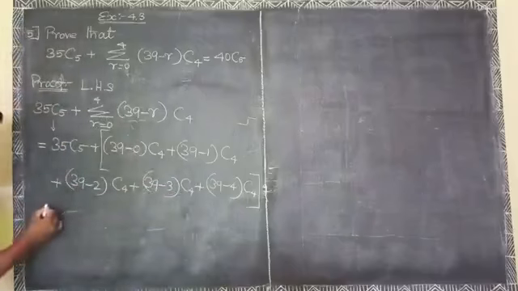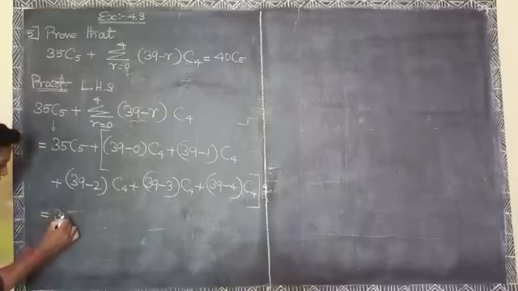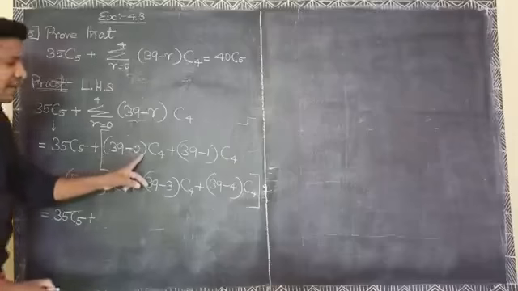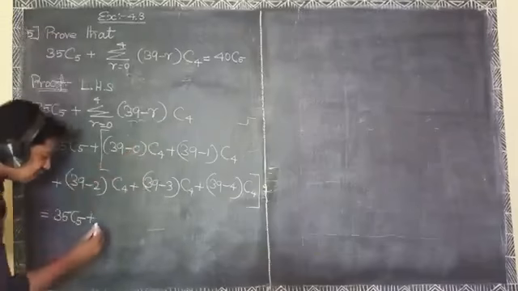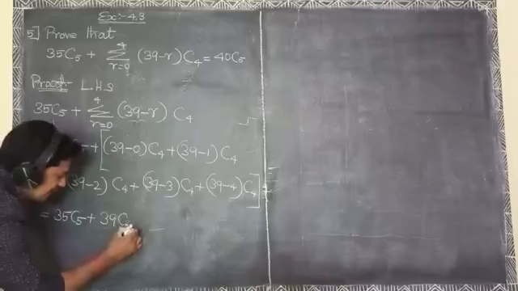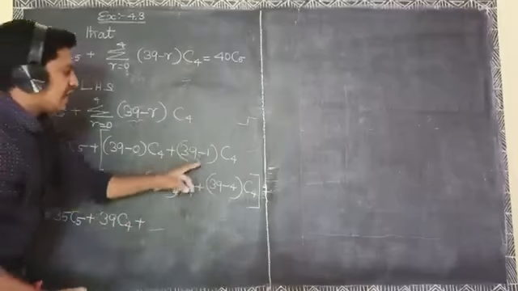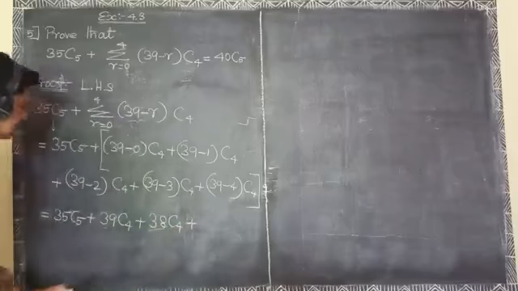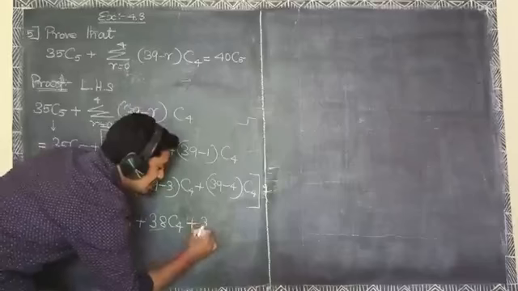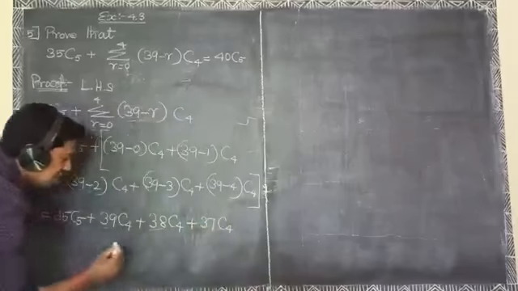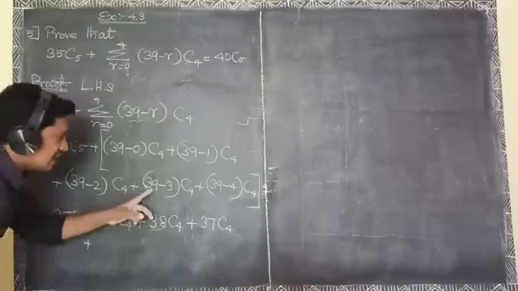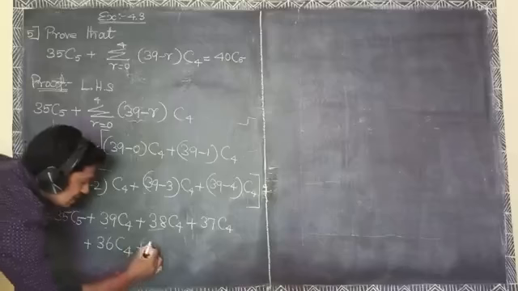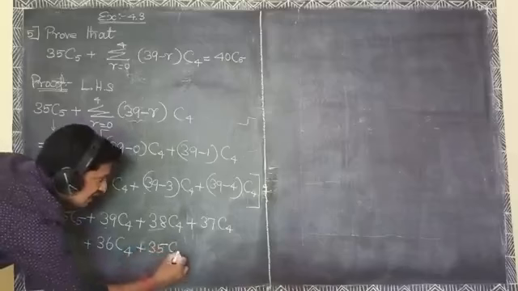Here simplify, you get 35C5 plus 39 minus 0 is 39C4, plus 39 minus 1 is 38C4, plus 39 minus 2 is 37C4, plus 36C4, plus 35C4.